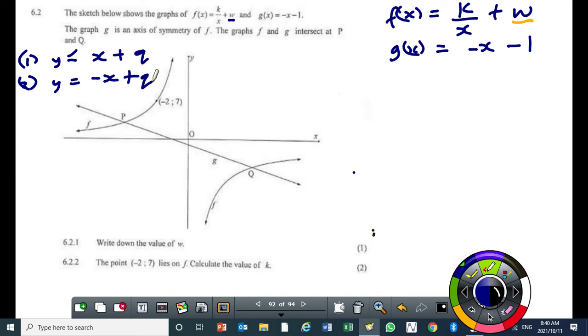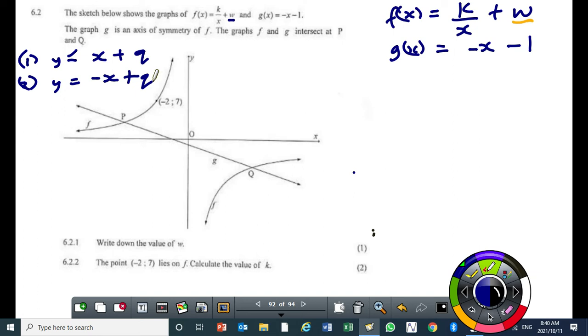Are you following that? Now, the lines of symmetry and the asymptotes, they intersect at a common point. Did I tell you that? I think I did. The lines of symmetry and the asymptotes, they intersect at a common point. Okay?